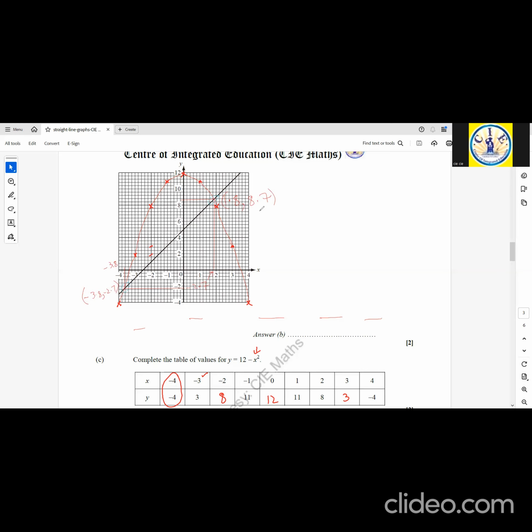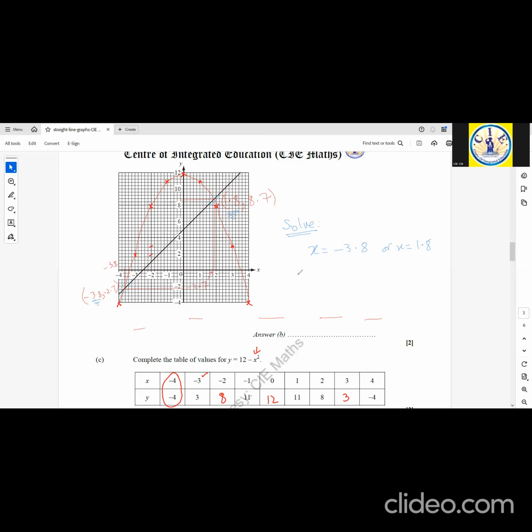I was going to tell you another thing. Normally the question would be solve. When it is the keyword solve, in that sense, we just need to give the answers of the x coordinates of the points of intersection. So x would be -3.8, or x is equal to 1.8.